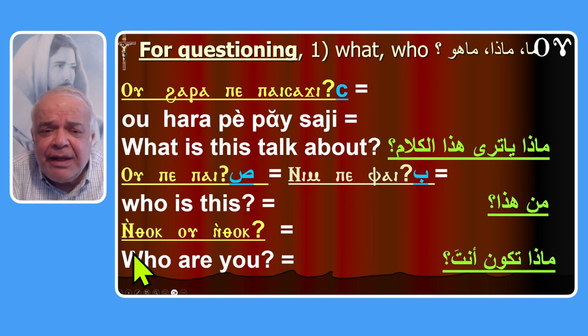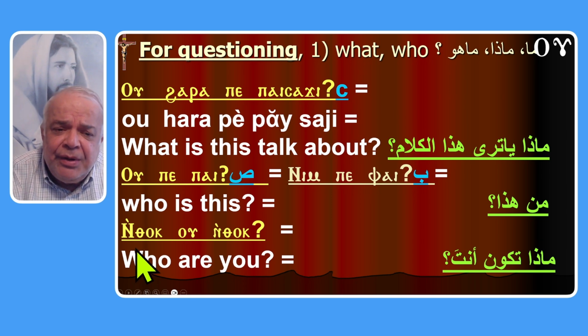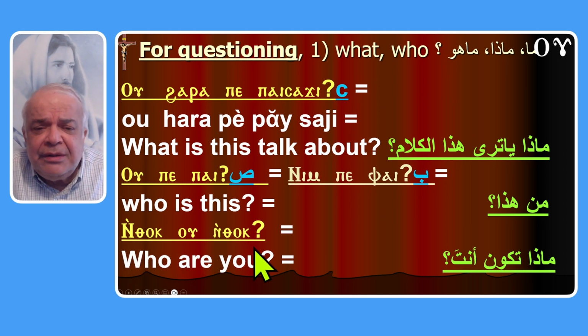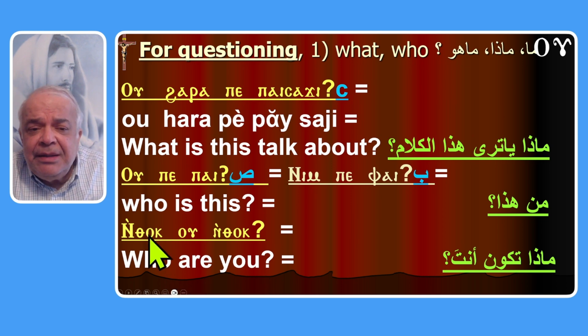So now, after I discussed to you the connection of entho to the personal pronouns, I'll get to the question again. Ensok or ensok, that's an expression which means who are you? If I want to say who is him, I would say ensof or ensof.